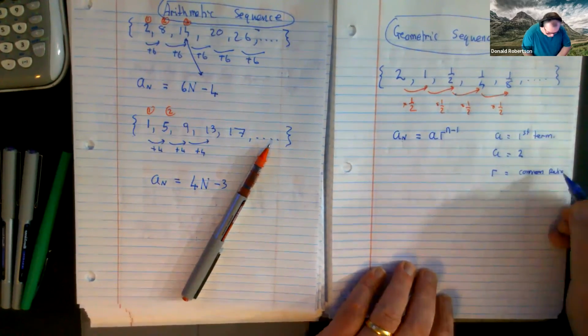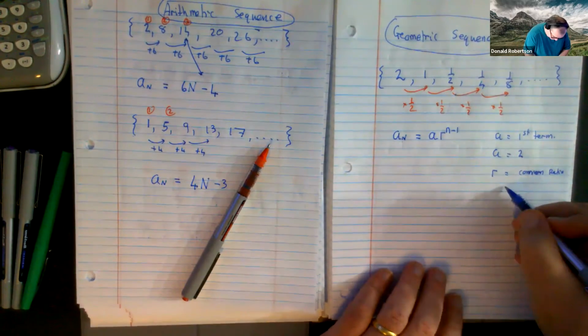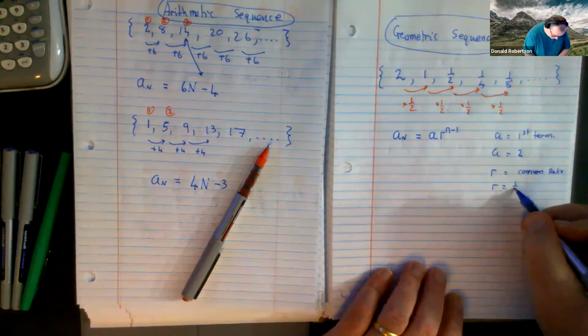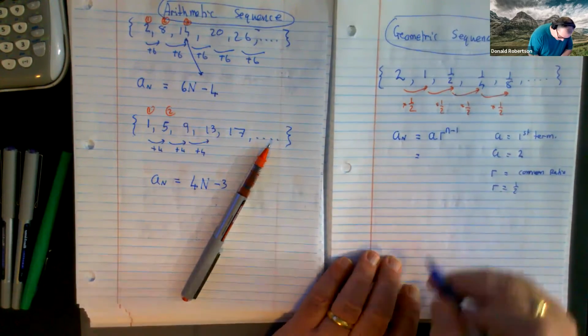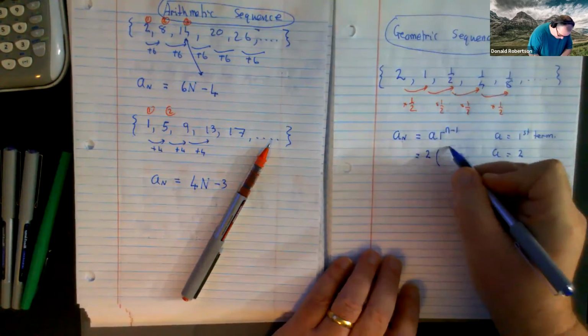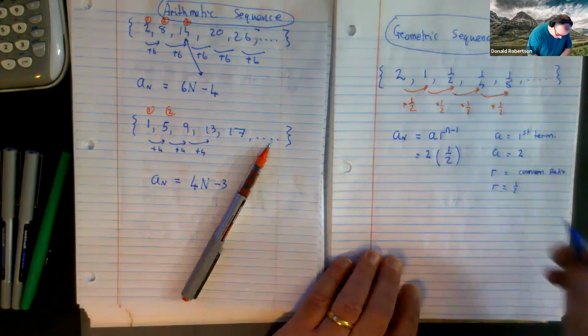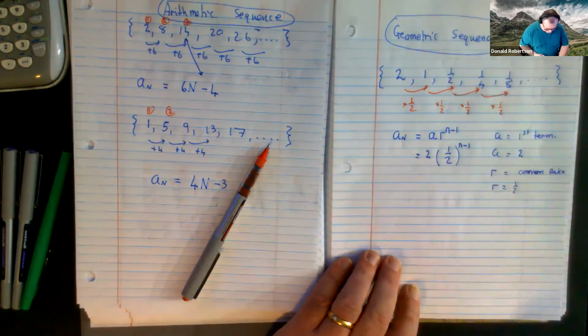And the common ratio just means what do you multiply by to get the next term? In this case, it's a half. So in our story, it's going to be 2 times 1/2 to the power of n minus 1.